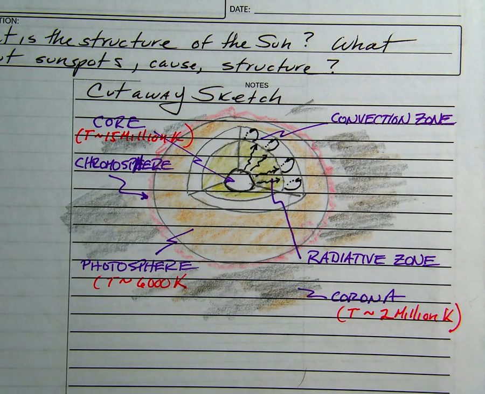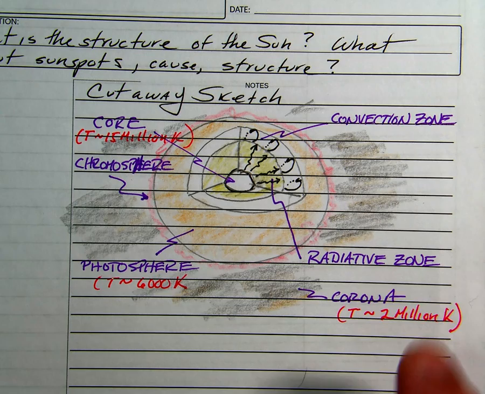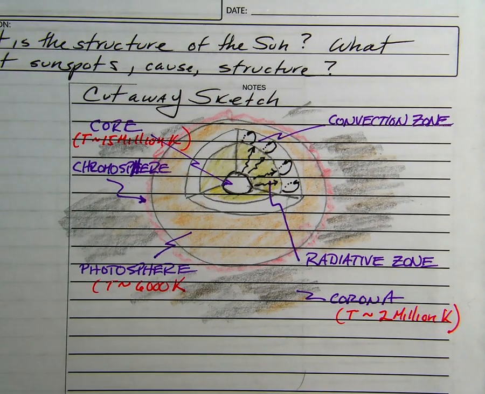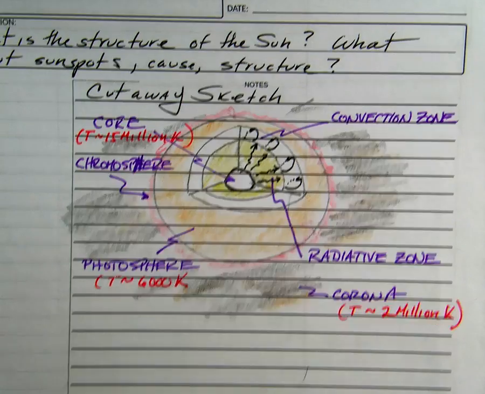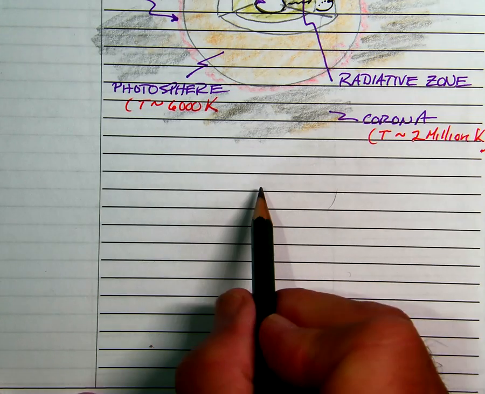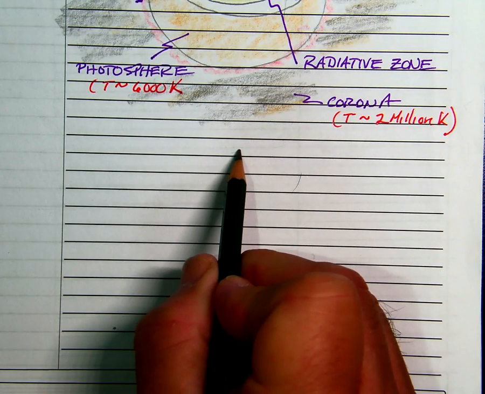Now, what we're going to do next is a cutaway of half of the sun, so I can show you both the temperature as it varies from the core to the outside, as well as the density of the sun. Of course you can stop and take your time to copy this down, but let's continue. I'm going to draw underneath a half cutaway of the sun. Let me try to do as good a job as I can.